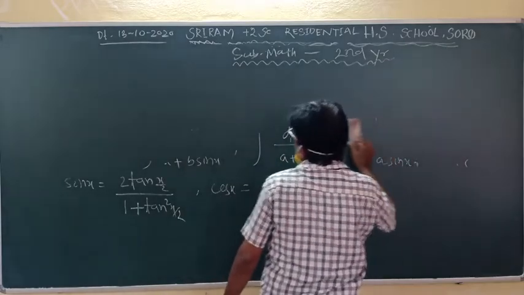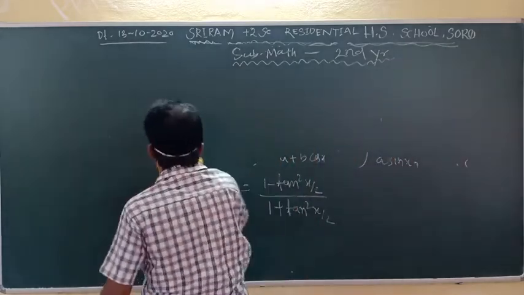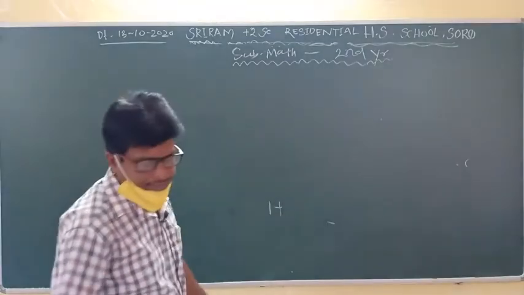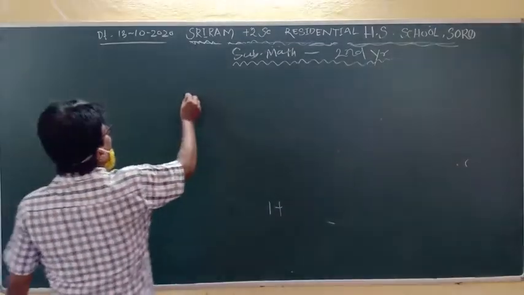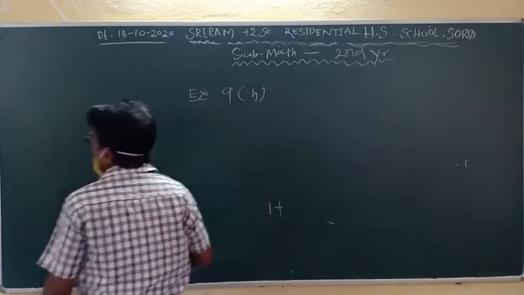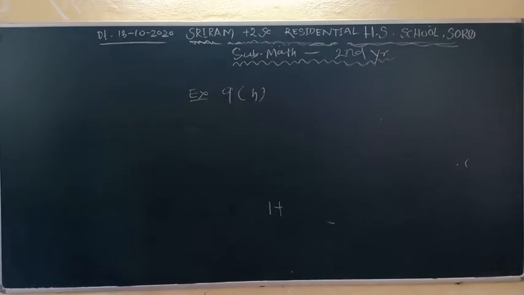Now I am going to evaluate some integral values of your exercise 9H. I am going to solve the problems of form 1, evaluating the integral by using form 1 and the identities which I told you before.